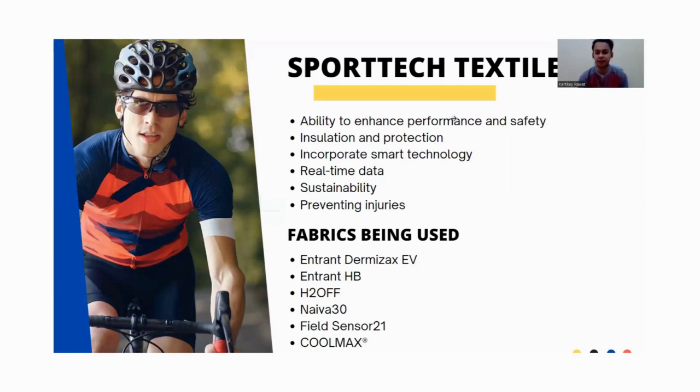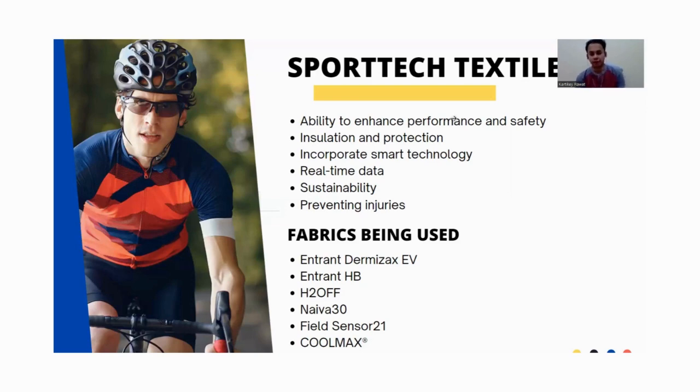Next is Entrant HB. It is a hybrid fabric that combines the advantages of coating and laminating to provide high resistance to water pressure and durability during repeated washing as well. This fabric was basically designed to provide a well-balanced moisture permeability.